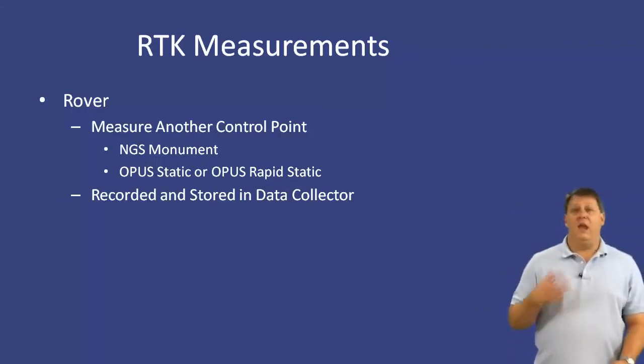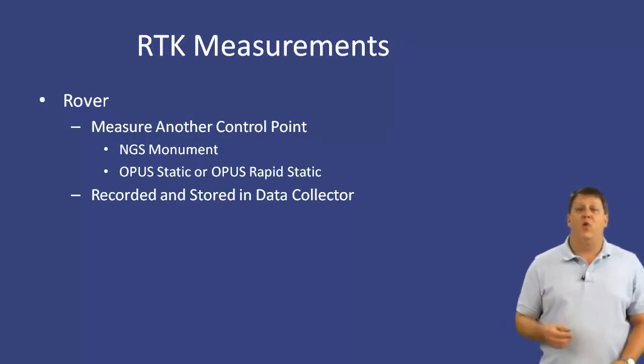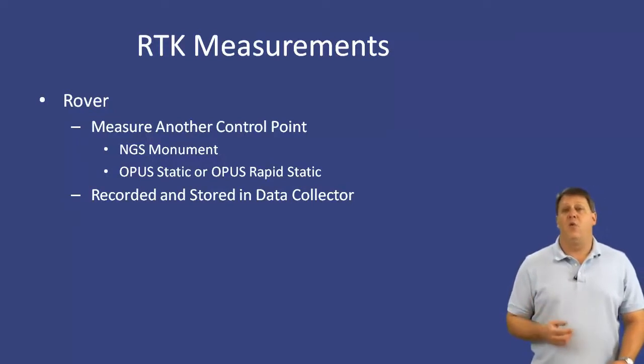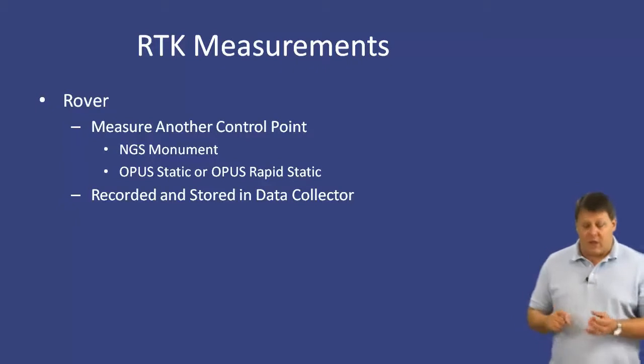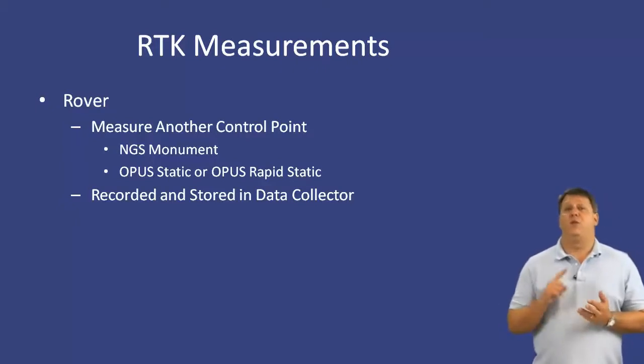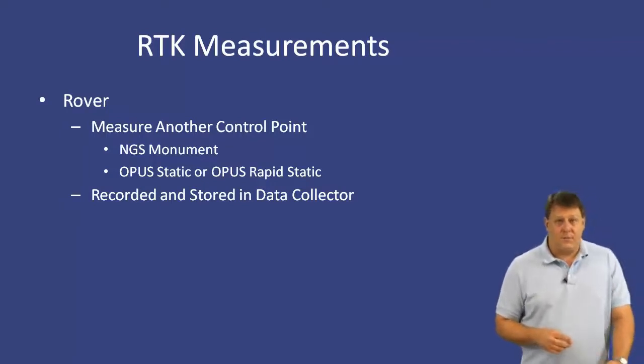This could be an NGS monument or an OPUS static or rapid static point. And when we measure this point, we're recording and storing that point in the data collector, performing an inverse to make sure that we haven't set up on the wrong points, we haven't blown an HI, those common surveying mistakes.